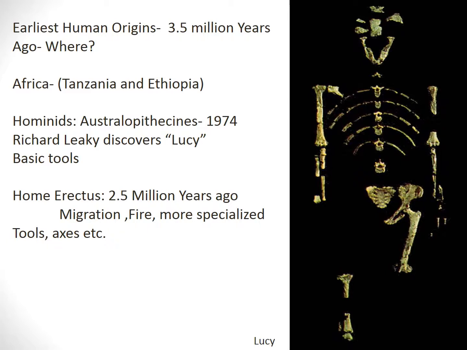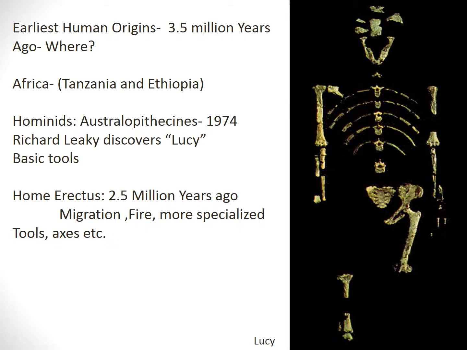Scientists and historians believe that the earliest human origins are about 3.5 million years ago. This is the result of the discovery of remains in Africa, particularly in areas of East Africa, around Ethiopia and Tanzania. Much of these theories come from the discovery of Lucy, who is the skeleton pictured here, discovered in 1974. Lucy is believed to be one of a group of hominids, early human ancestors, known as the Australopithecines.